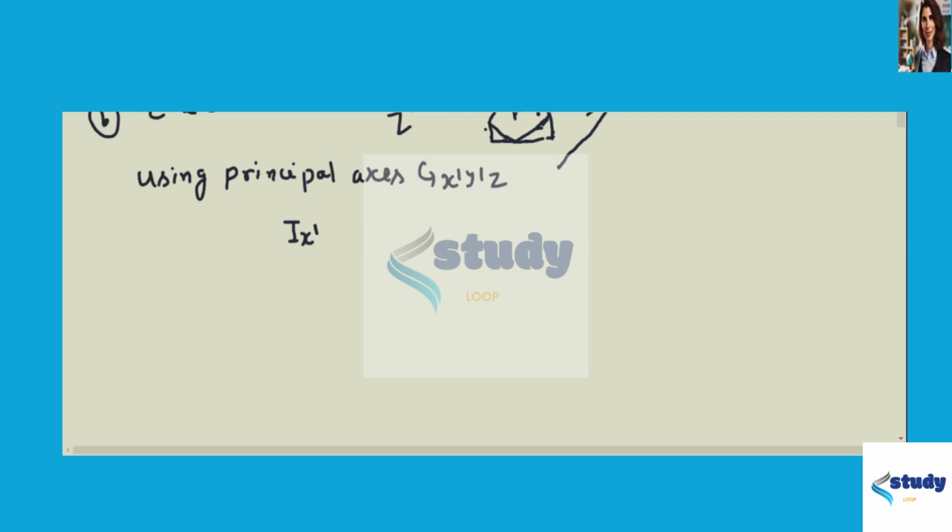I x' is 0. I y' is equal to I z, which is equal to 1 by 3 mb square.